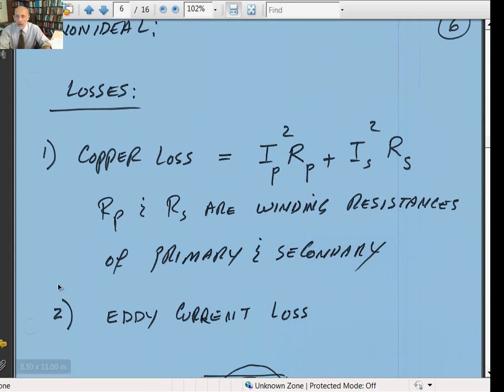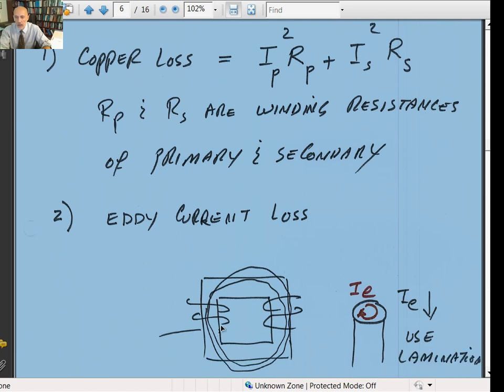There's also another loss called eddy current loss. Here you have your transformer core, which is inside the magnetic field, and every time you have a conductor inside a magnetic field, a varying magnetic field will generate a voltage according to Faraday's law.